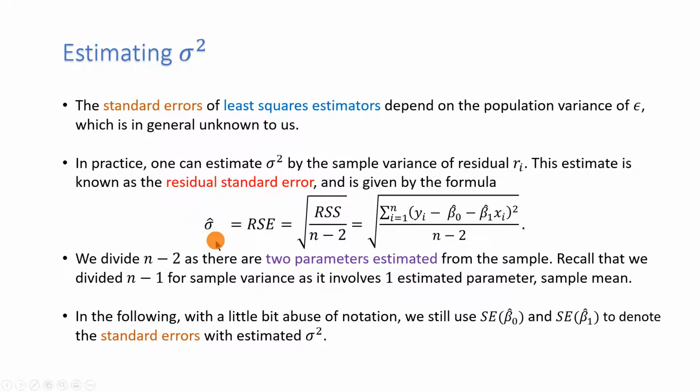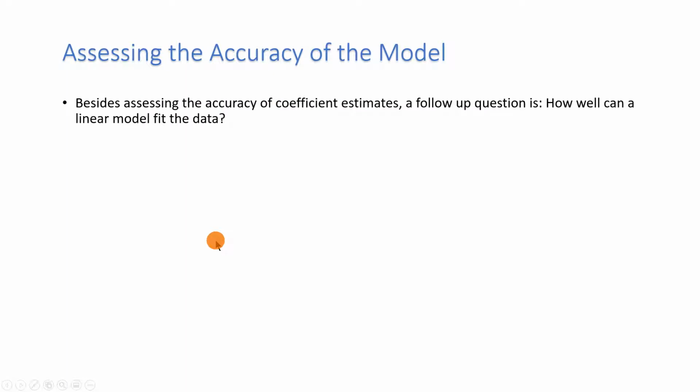And another question one would like to ask for the simple linear regression model is, besides assessing the accuracy of your coefficient estimates, right? Another very important question is, for this fitted linear model as a model overall, okay, how well can this model fit your data set, right?